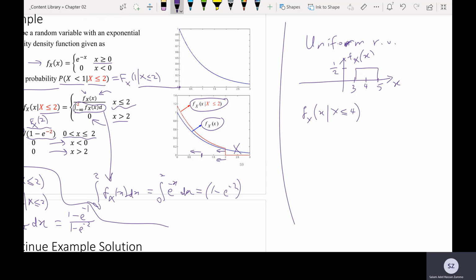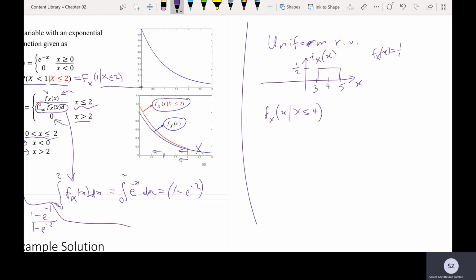What was the PDF before? The PDF of X used to be half for X between 3 and 5, and 0 otherwise.